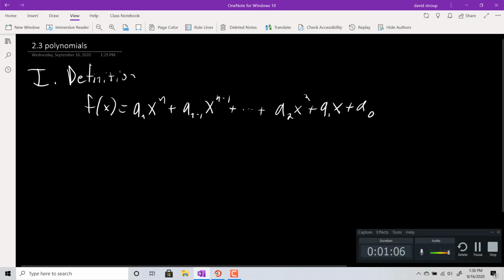This particular polynomial in its general form has degree n, and its leading coefficient is a sub n.